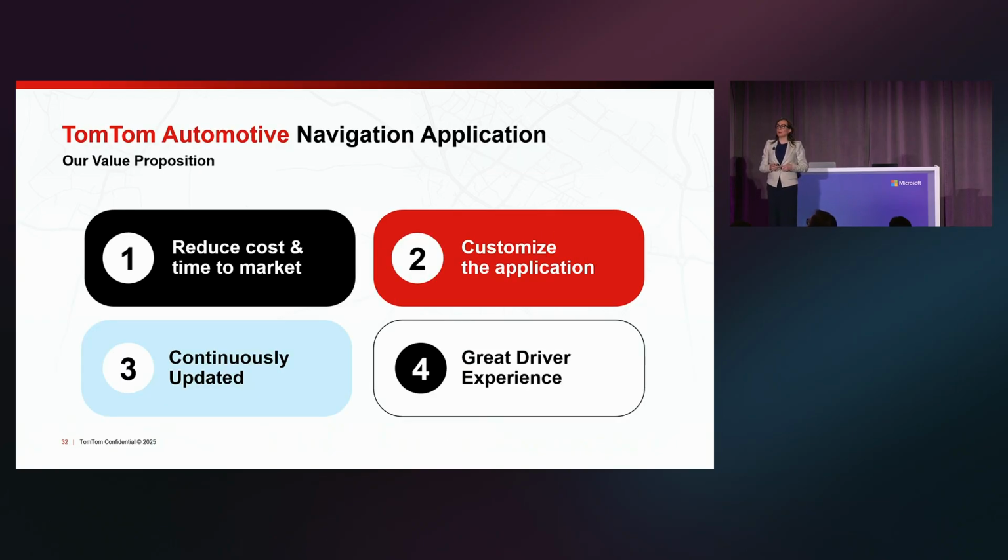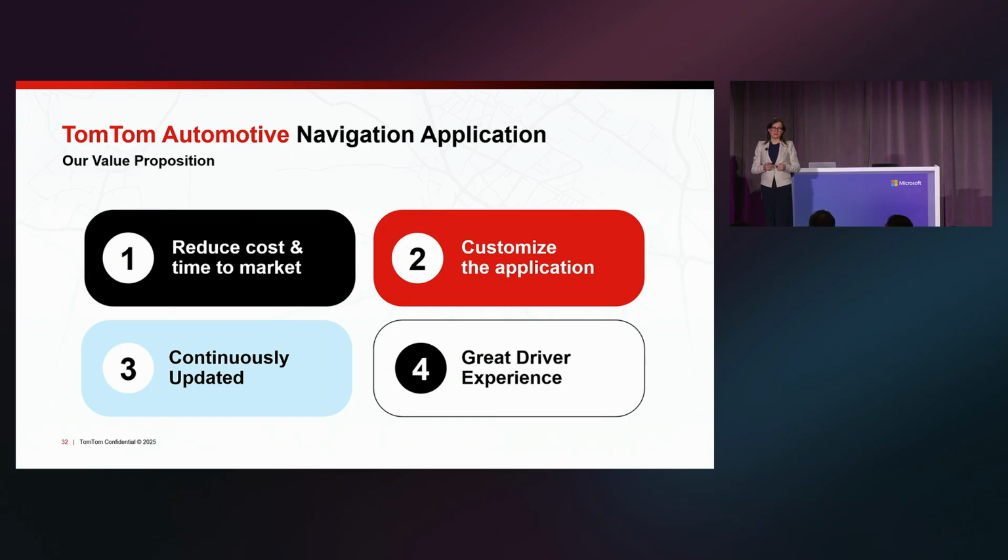That's why with our TomTom automotive navigation application, we reduce cost and time to market. So within 12 weeks, you can have the navigation application running end-to-end, connected with all of the various systems and functions in your vehicle. We provide broad capabilities for the automaker to customize the application.